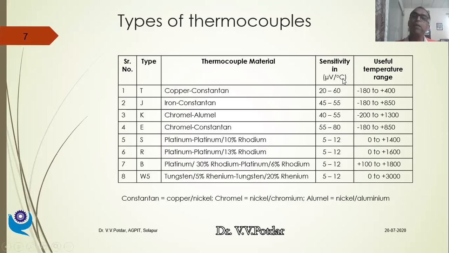So per degree Celsius change in temperature, this copper constantan or T type thermocouple gives me between 20 to 60 microvolt. Based on my requirement, how sensitive or how much is the range of my measurement? If I'm interested in low temperature measurements in a smaller range, I prefer the thermocouple with higher sensitivity.